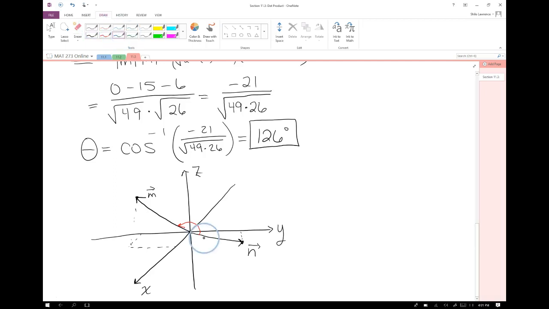There's another angle if we go around the back way, but that's a much bigger angle. And if we wanted that angle, we would just have to subtract from 360. And we would get 234 degrees. But typically, all we care about is the angle that we get directly from that formula.